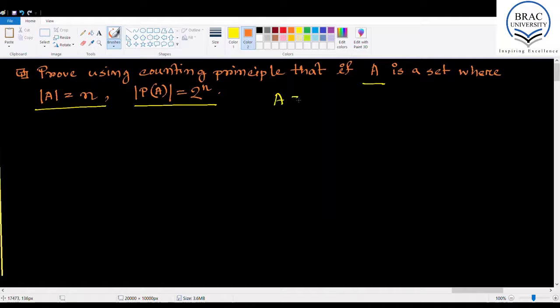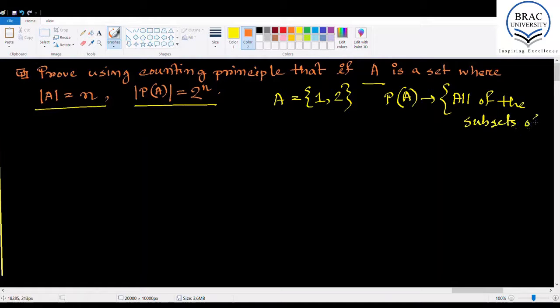Here, A is a set containing 1, 2 as its elements. So, the power set of A is a set containing all of the subsets of set A. Now let's see how we make a subset.